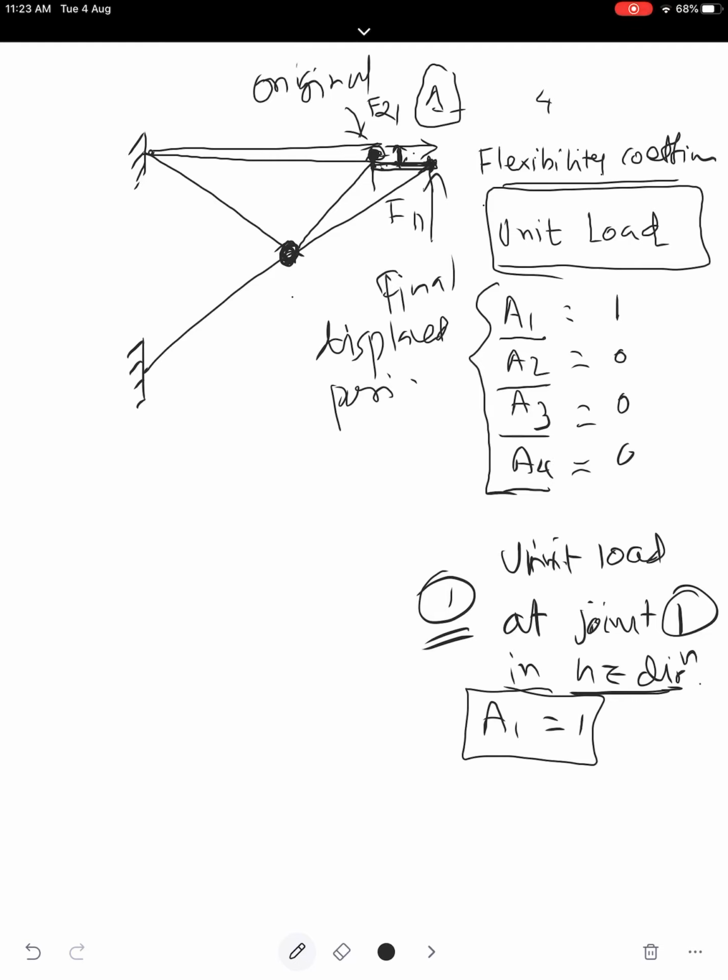So F31 and F41, please correct me if I am wrong.